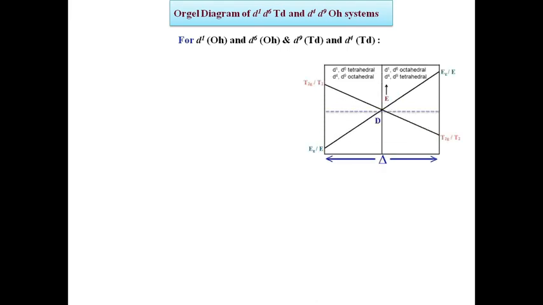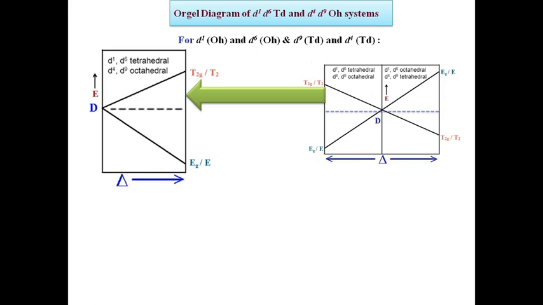Here the electronic transitions for D1, D6 octahedral and D4, D9 tetrahedral systems are shown in terms of the Orgel diagram. For this type of Dn systems, we have to follow an important trick to depict the energy correlation diagram from the standard Orgel diagram.